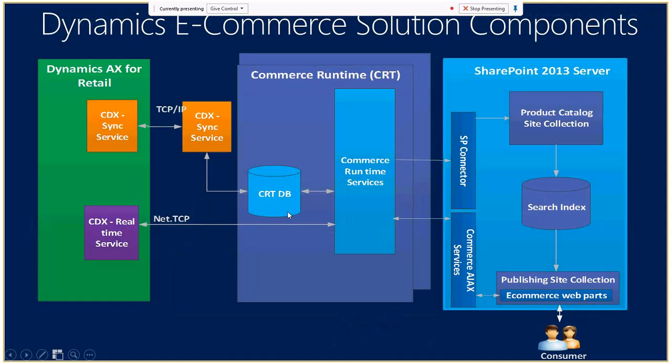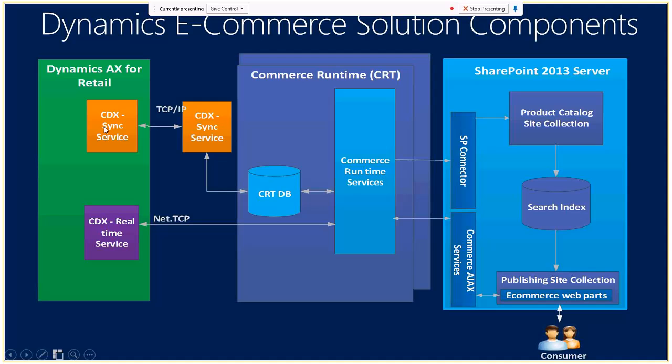So this is the overall architecture of Dynamics for e-commerce. On the left-hand side here, what you see is Dynamics AX for Retail. So there are fundamentally 4 components that we talk about when we talk about the e-commerce system. There is AX for Retail on the left-hand side.